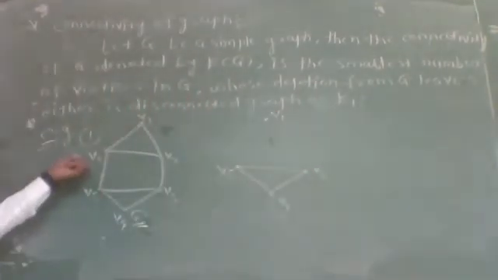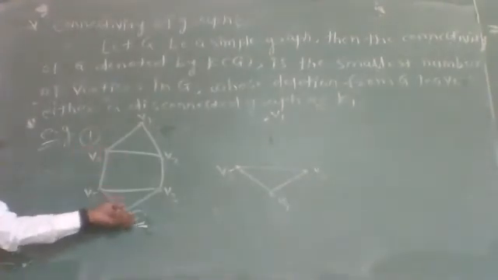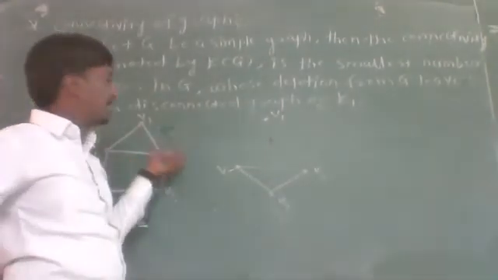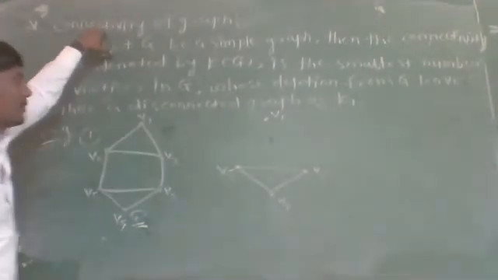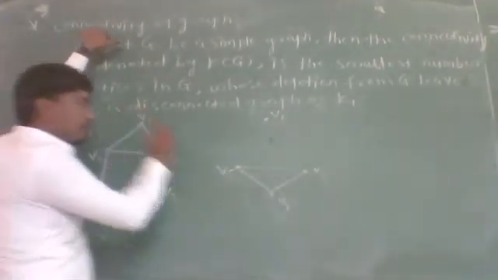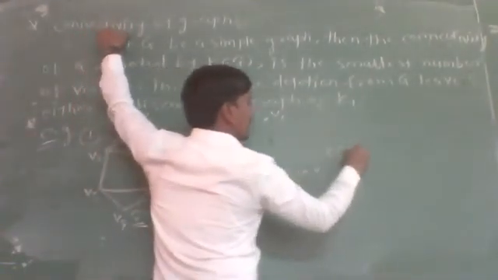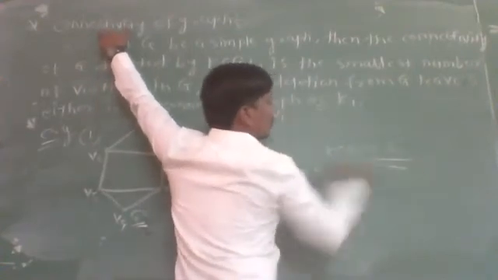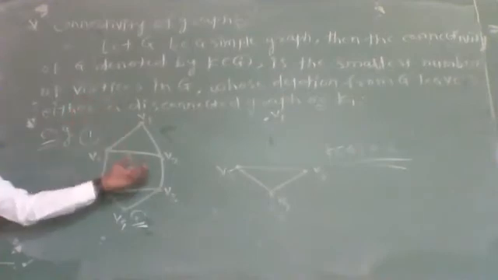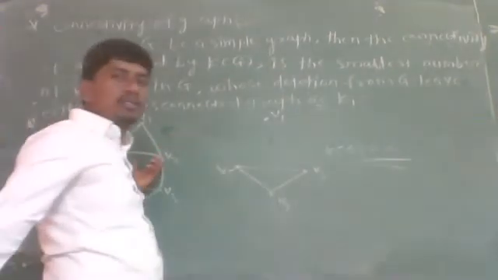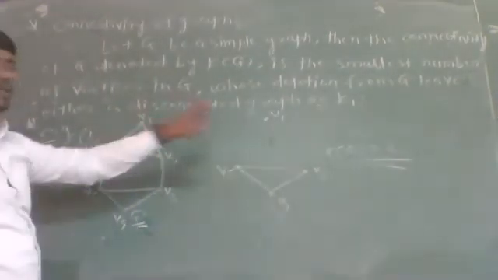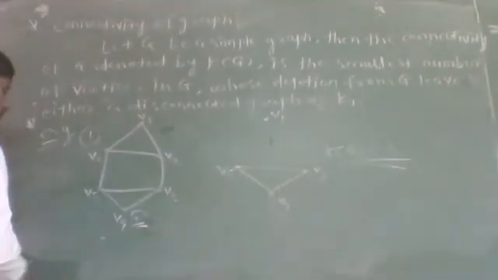So if we remove more than one vertex from this graph G, then the graph becomes disconnected. By the definition of connectivity, the connectivity of this graph is denoted by K of G, which is equal to 2. So to make this graph disconnected, we have to remove at least two vertices, which is the connectivity of graph G.